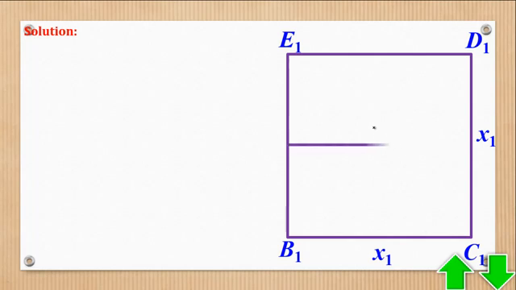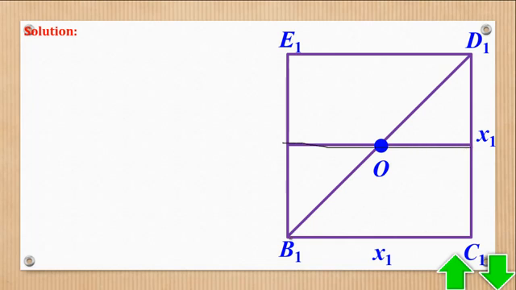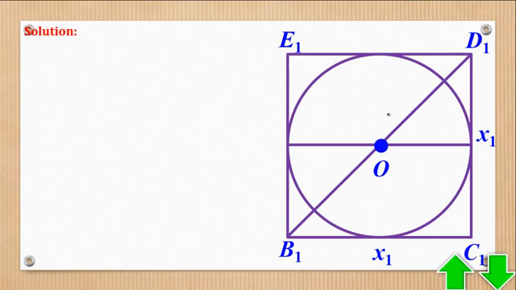So I'll inscribe a circle inside. To inscribe it, I'll bisect this square and also draw the diagonals. This intersection is the center of the circle. So I'll draw the circle like that.